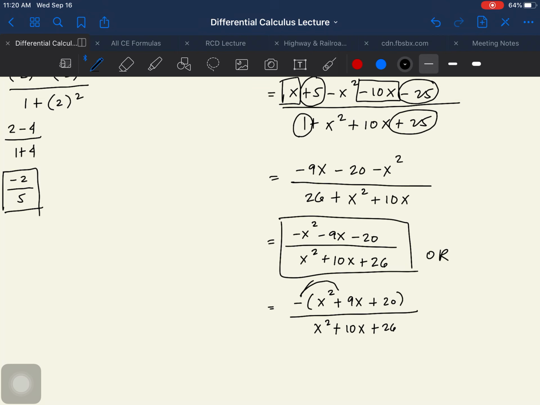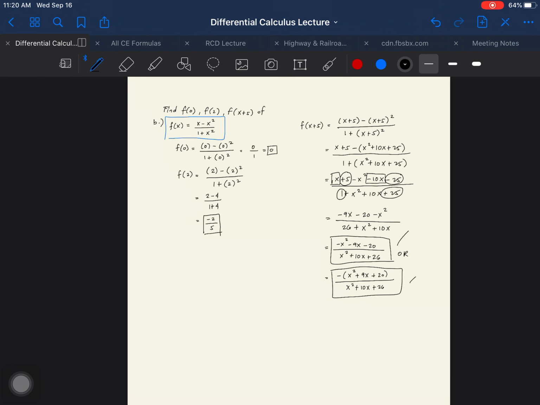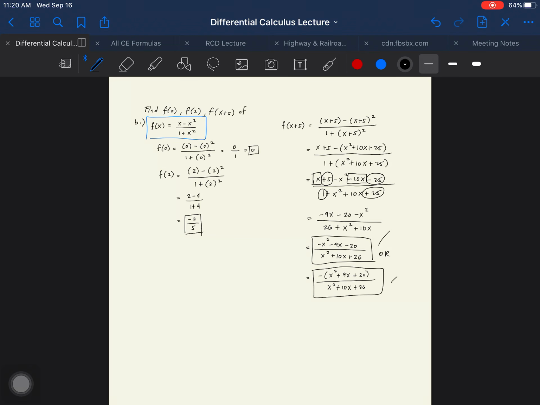So that when you distribute this negative sign here, we will still be arriving at the equation in the numerator. Okay? So no problem. You can have two possible answers for this. Now that's for example number 3, letter B.